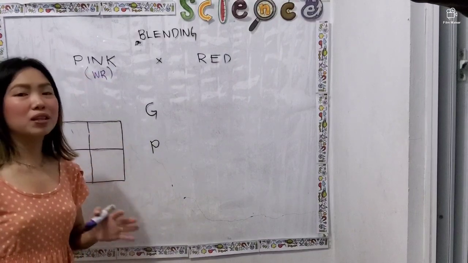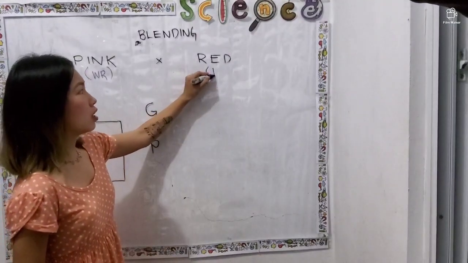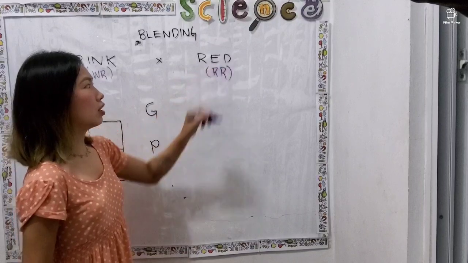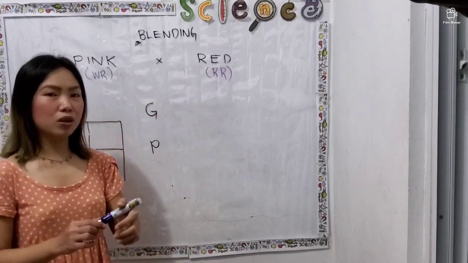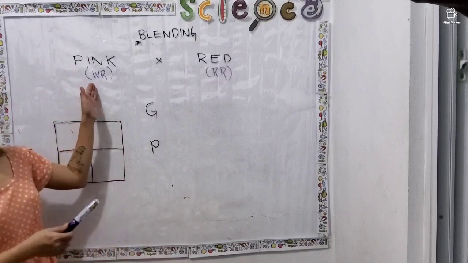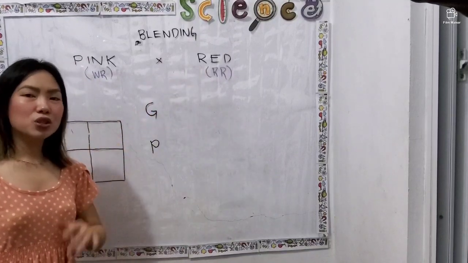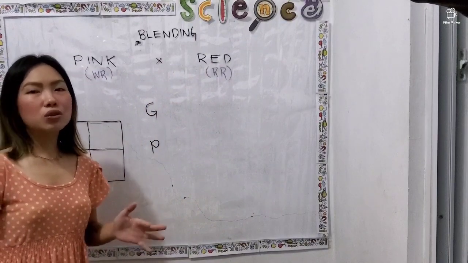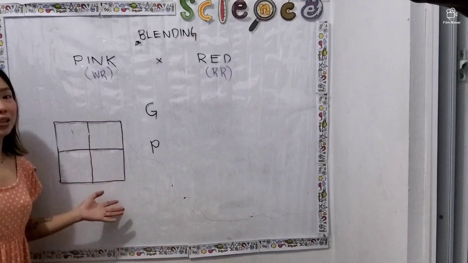So, yun na yung gagamitin natin genotype para sa kanya. Then, the red will still be RR. So, that would be now our parents. We have WR for the pink and RR for the red. So for us to know the result of the red and the pink, I will use again a Punnett square.